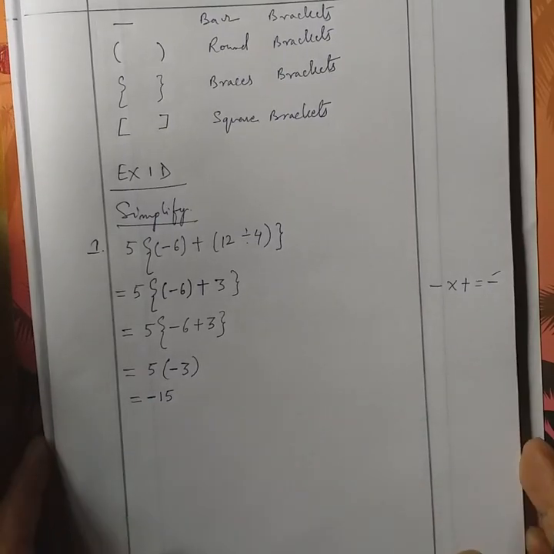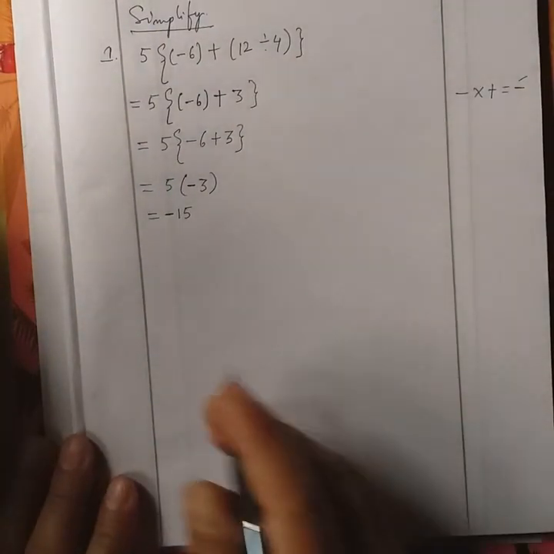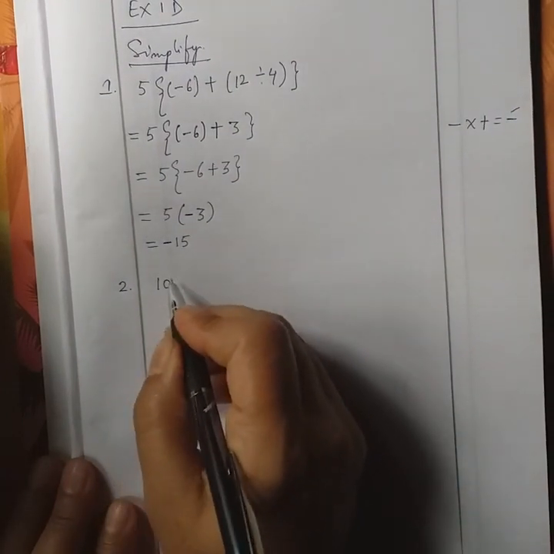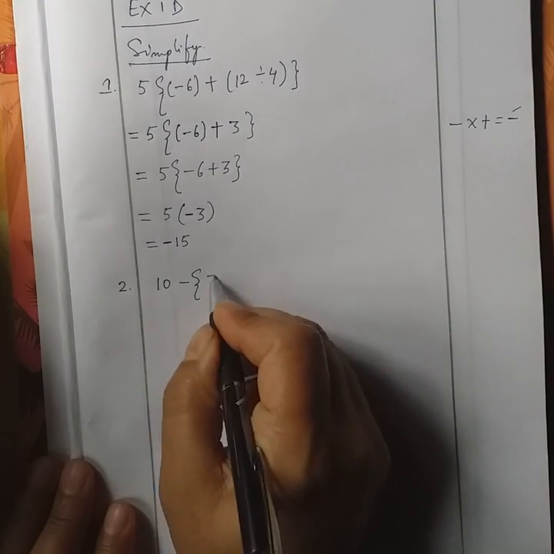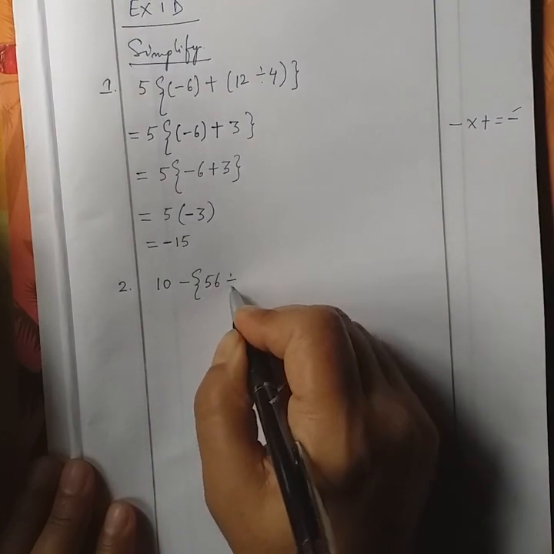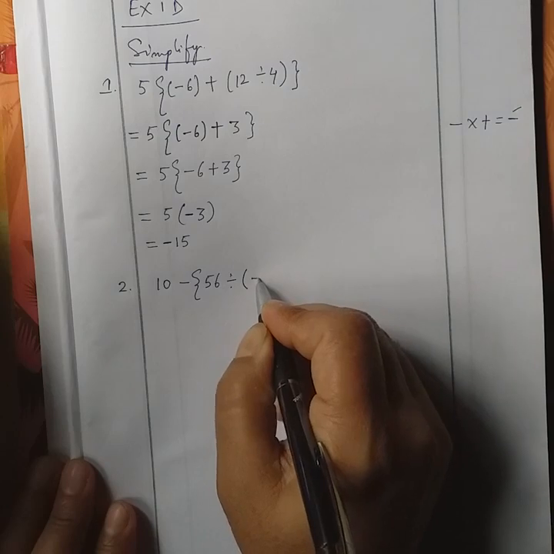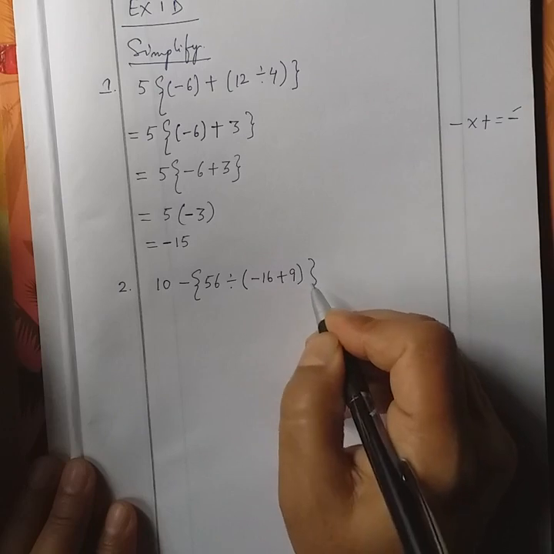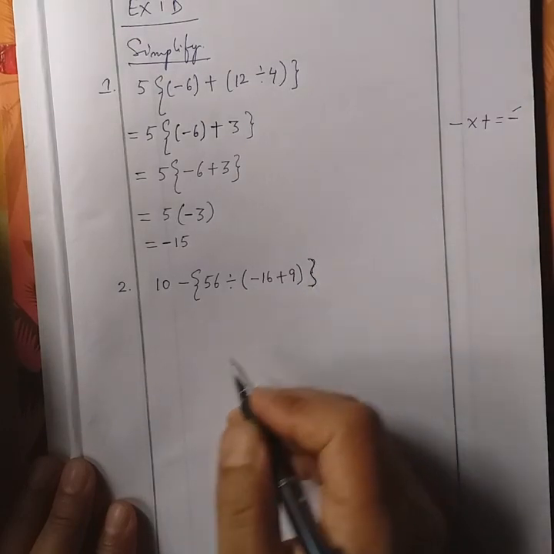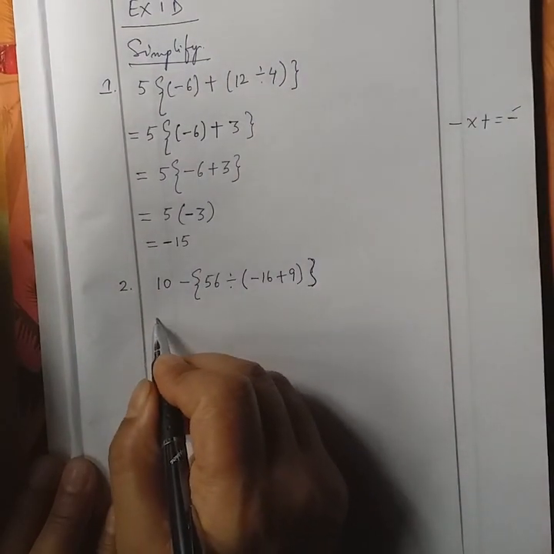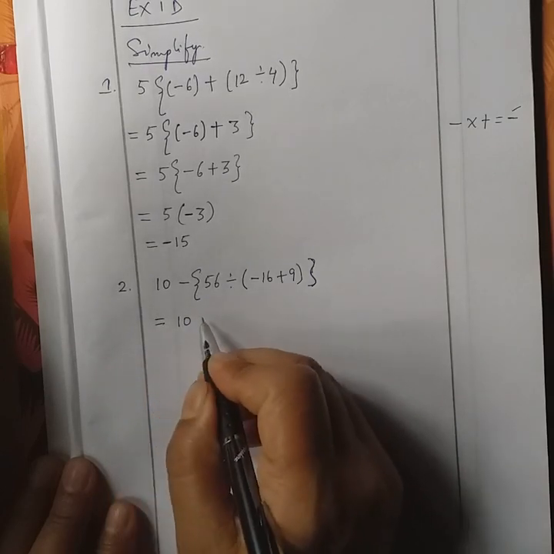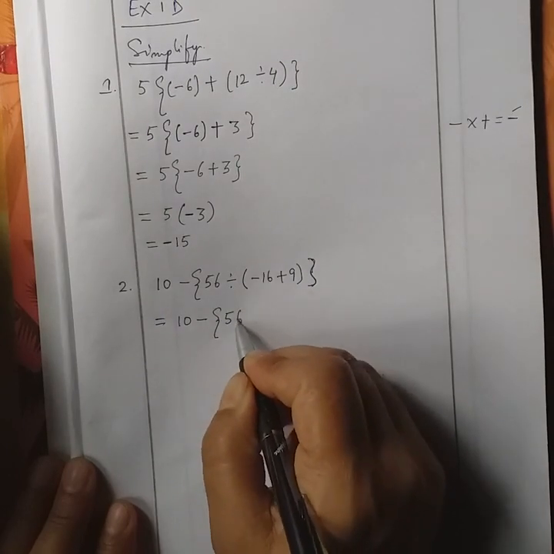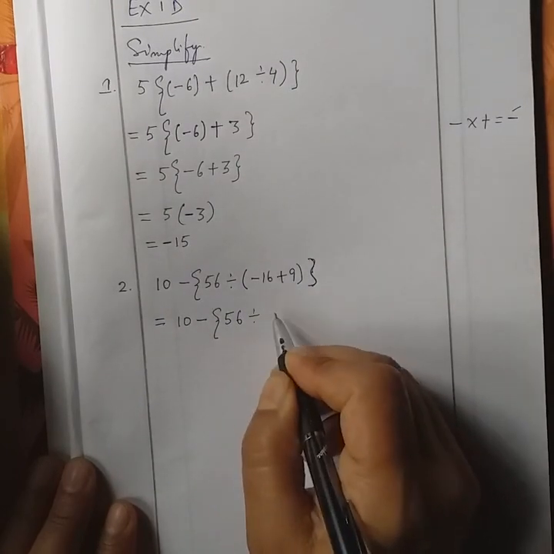Let us see another one, that is number 2. 10 minus curly bracket 56 divided by round bracket 16 plus 9, minus... is equal to 10 minus curly bracket 56 divided by this one.